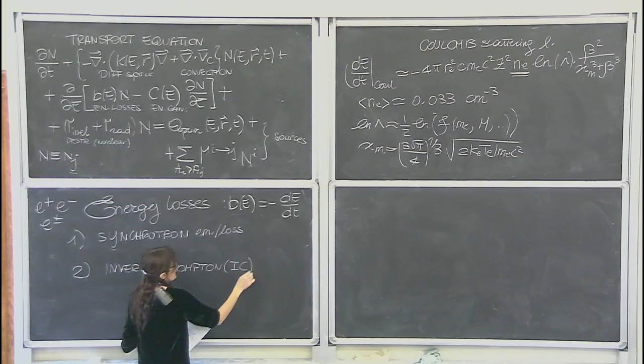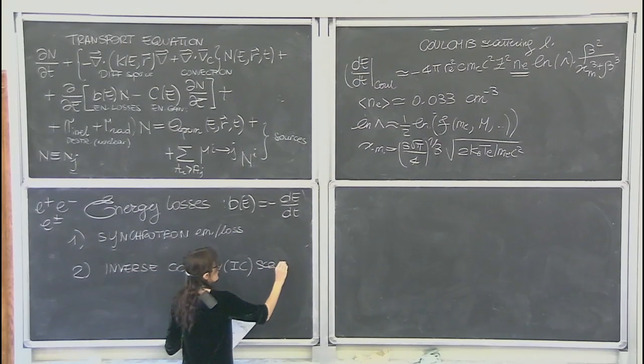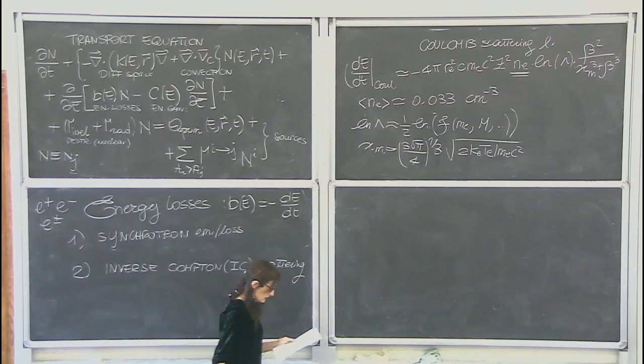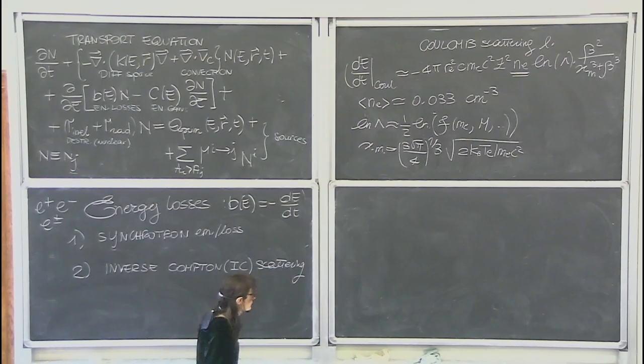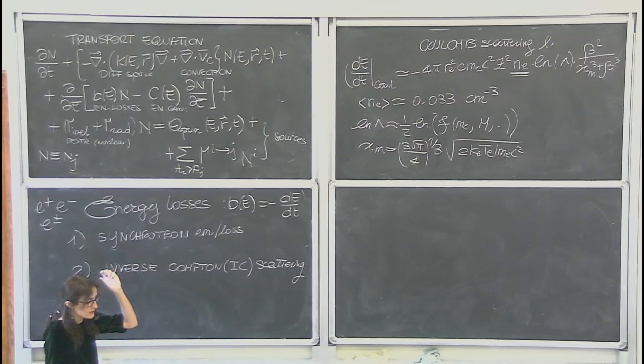I will call it briefly IC scattering. For these particles, the Bremsstrahlung, the Compton and the Coulomb and ionization energy losses are negligible.